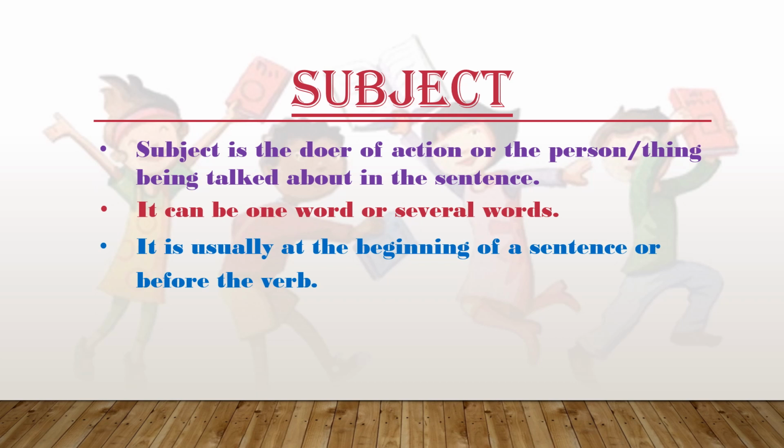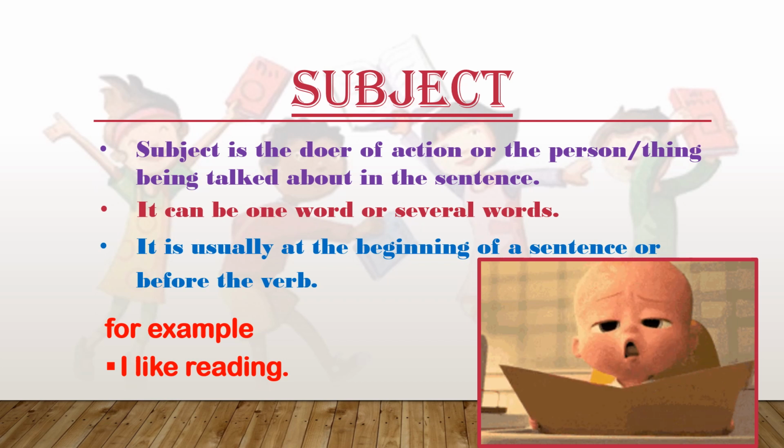So, whenever you have a sentence in front of you, all you need to do is to first see what we are talking about. That is the subject. If still you cannot find it, just try to see what the verb is. Verb is the action being done. You have to find the verb and your subject lies just before the verb. Your subject can have one word or can be of more than one word.